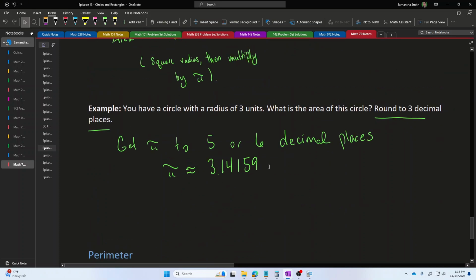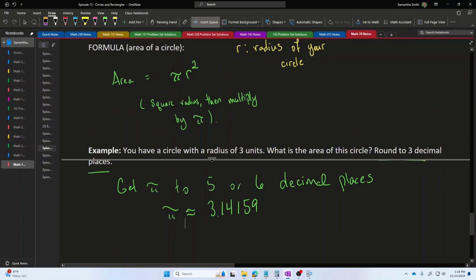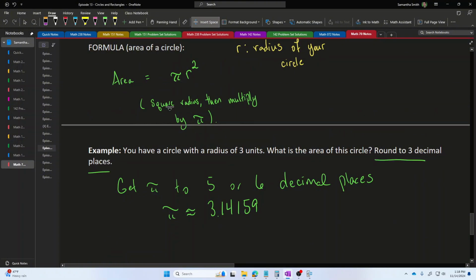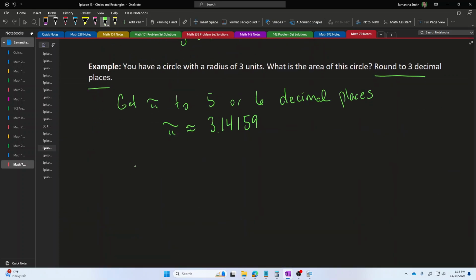So now that I've gotten pi with a relatively large number of decimal places, a few extra decimal places compared to my final answer here, I'm going to go ahead and use that value of pi and this value of 3 for the radius in this expression. So first I want to take my radius, 3, and square it.